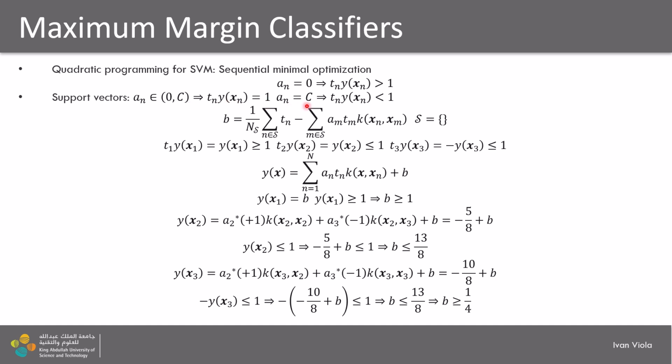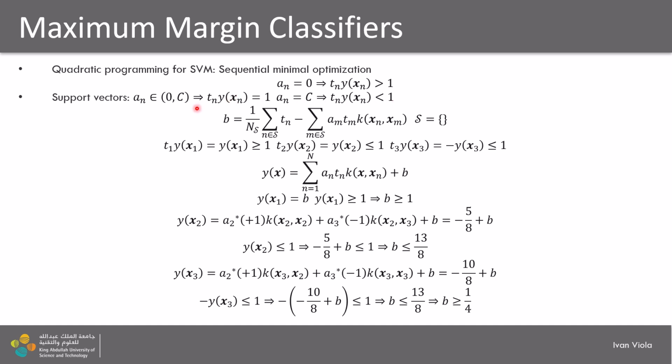And for those which are equal to C, we see that the tn y xn is smaller than 1, and because we have here this value of xi, which is this variable characterizing somehow the error.